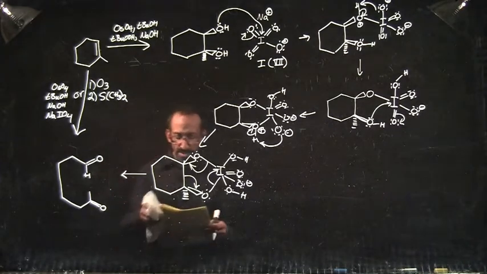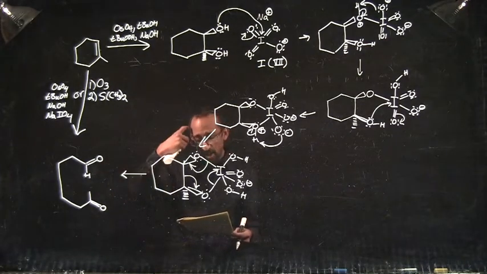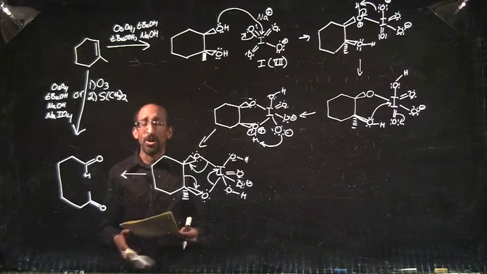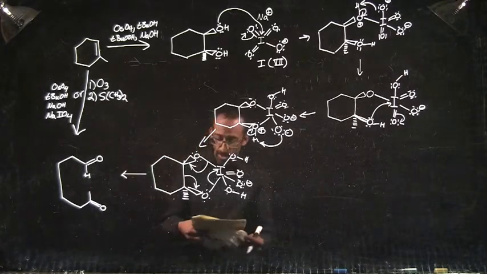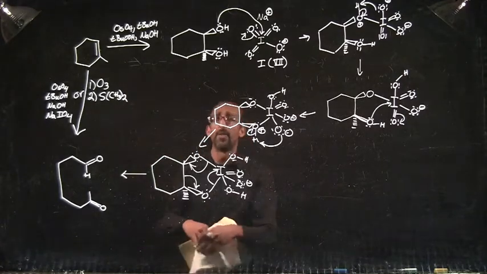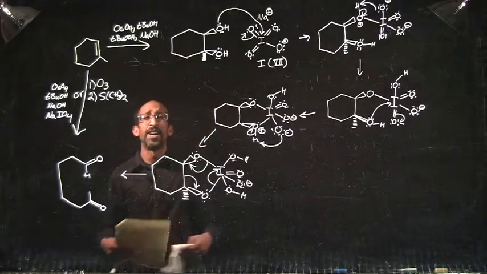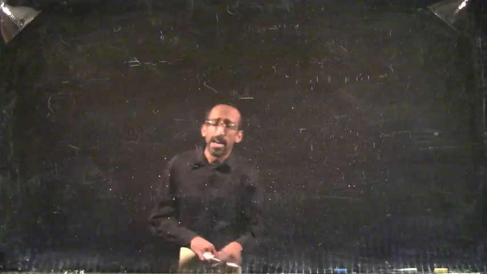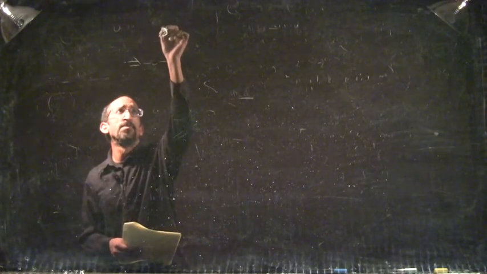The next thing that we really need to look at is what's called the Jones oxidation, right? And so we're going to come back and take a look at that real quick. Luckily, that's one where I'm not going to have a mechanism. All right. Okay, so the next oxidation we're going to look at is the Jones oxidation.